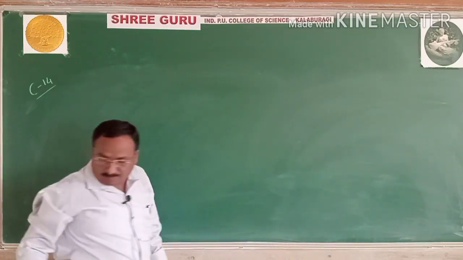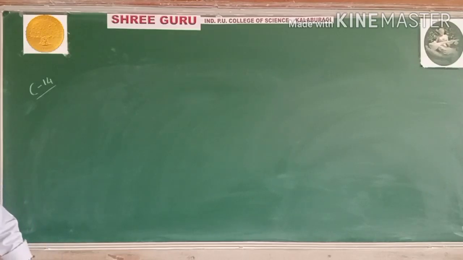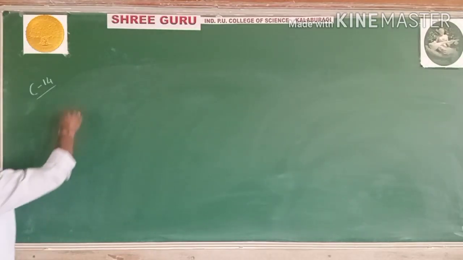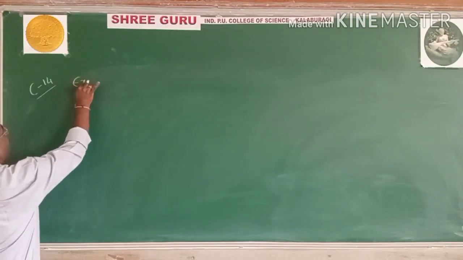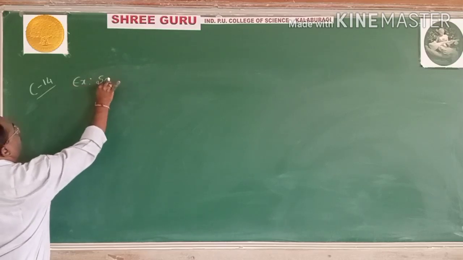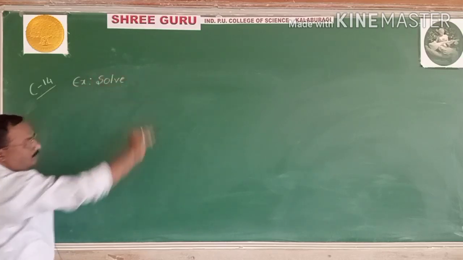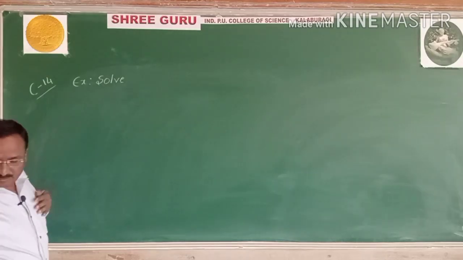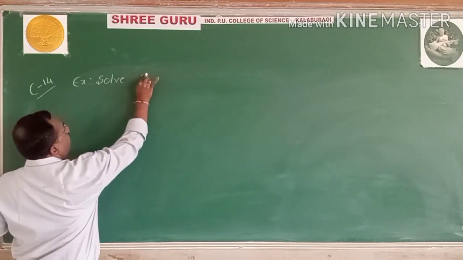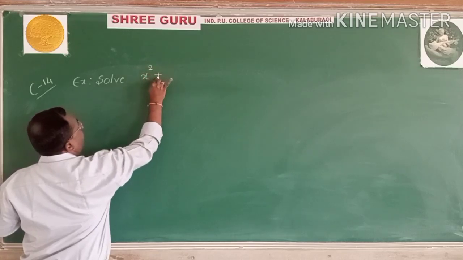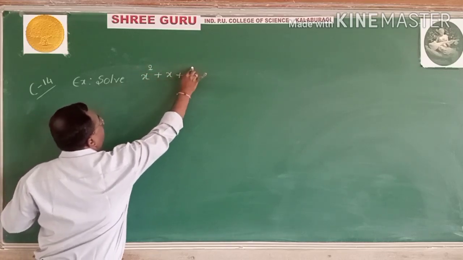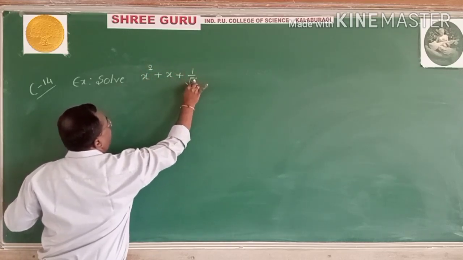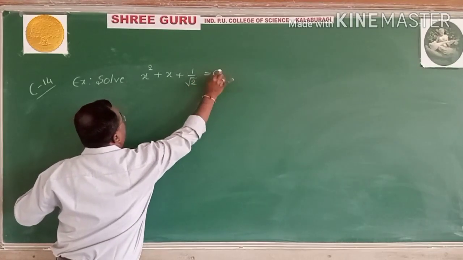Next example, solve a different type. I will explain. x square plus x plus 1 by root 2 is equal to 0.